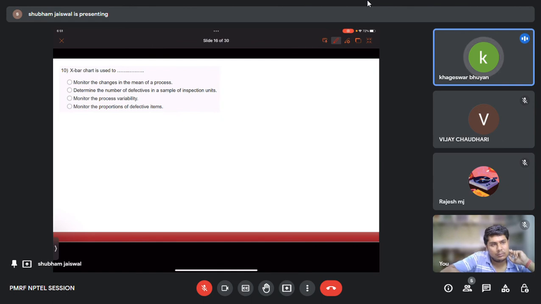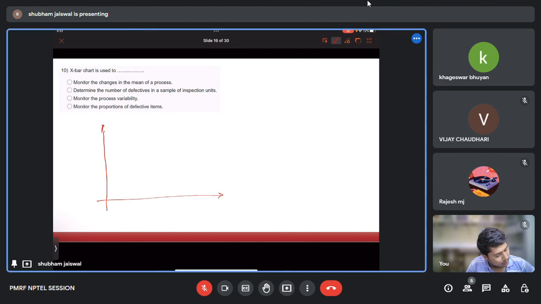If we consider the X bar chart, this is my central line, that is X double bar. Suppose this is my upper control limit and this is my lower control limit.